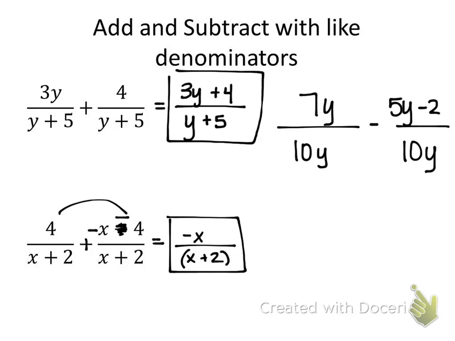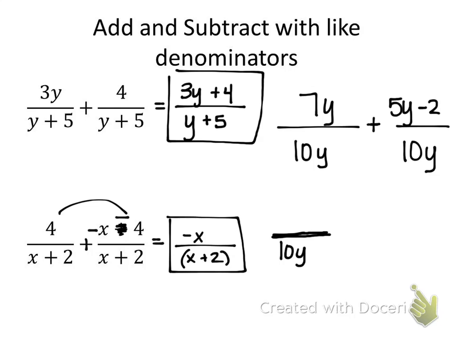All right, somebody tell me, do you have a common denominator? Yes. So I leave my common denominator, which is 10y. And what do I need to do to my numerator? Change the signs. So what is it going to become now?